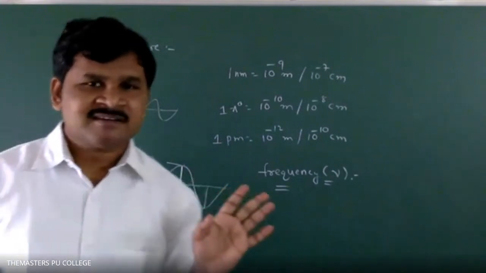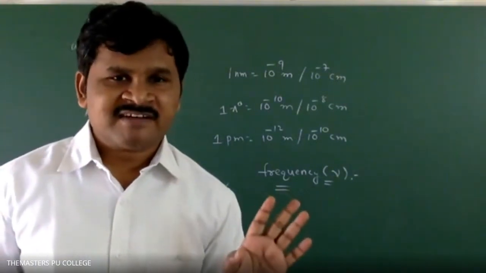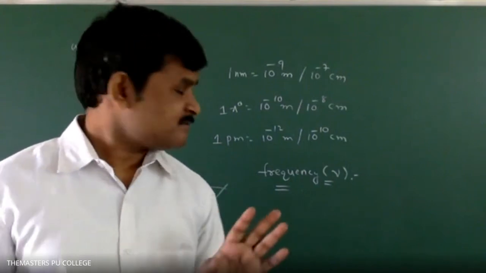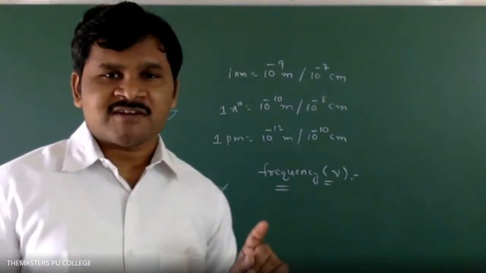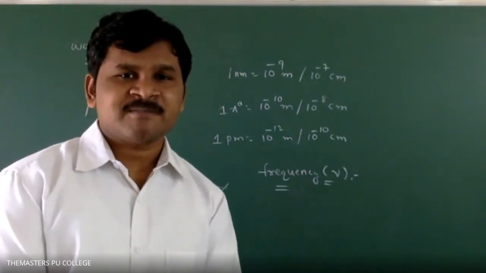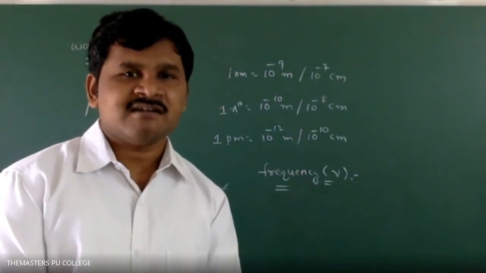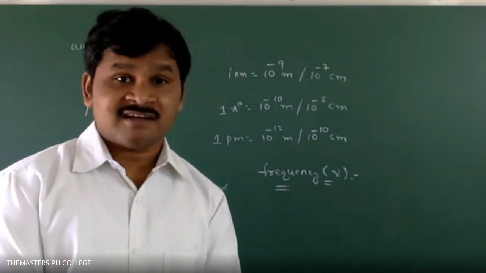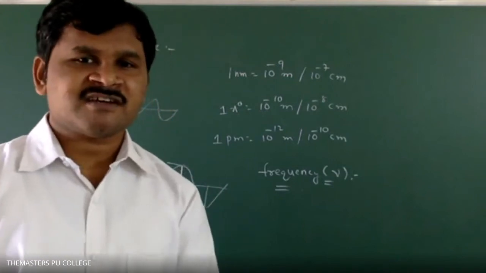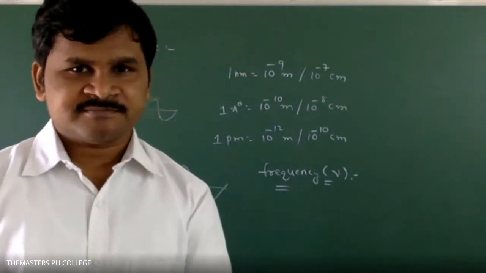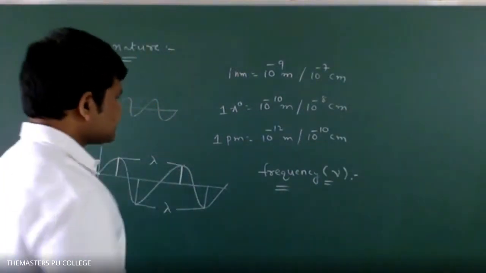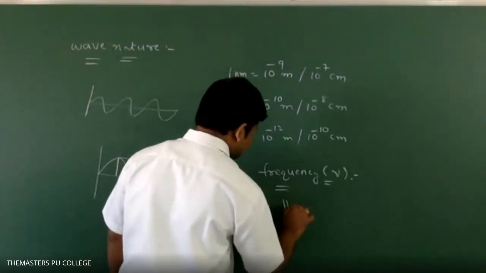Cycles per second, CPS. The number of waves passed through a point in 1 second is called frequency. What are the frequency units? Frequency units are hertz. Heinrich Hertz is the scientist's name, famous for the unit of sound, which you will get in physics. So the frequency unit is Hz.